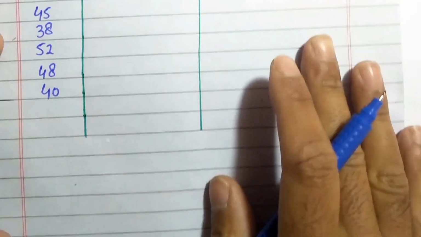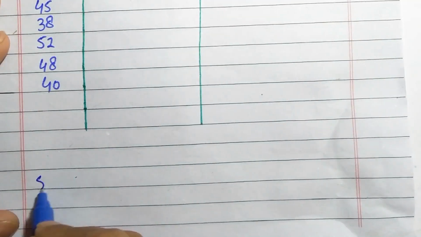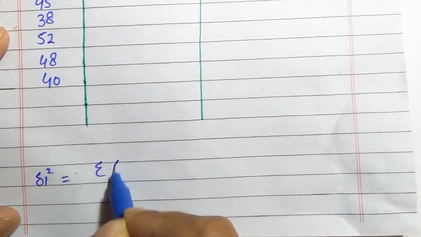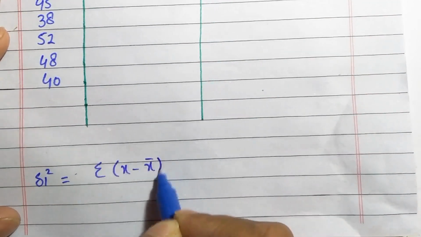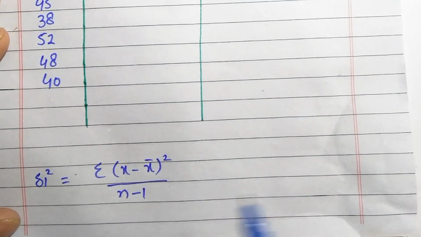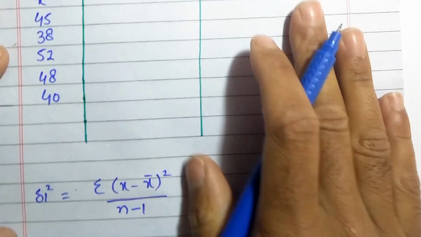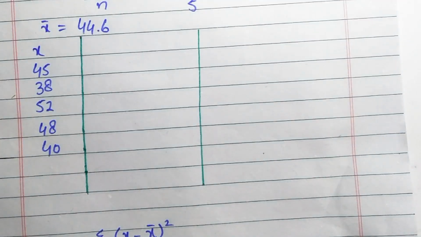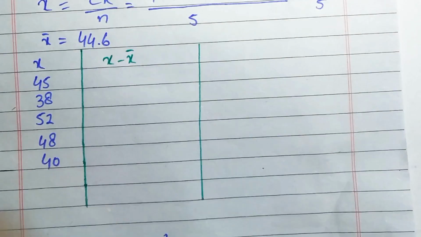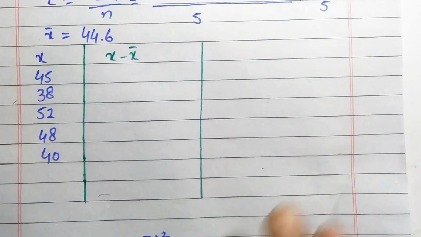Now we are going to calculate the variance of group 1. It is represented by formula sigma 1 square is equal to sum of X minus X bar whole square divided by N minus 1. We are supposed to calculate the value of X minus X bar first. X represents ages and X bar represents mean.